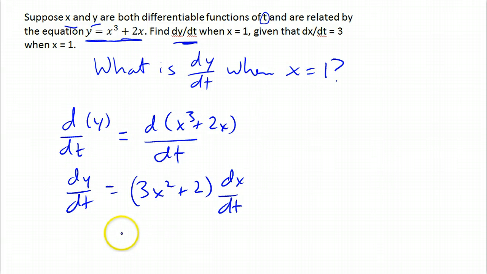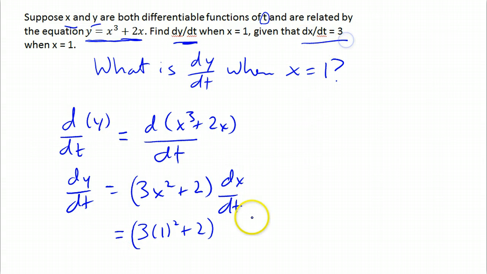We know x is 1, so dy/dt will be 3 times 1 squared plus 2, times dx/dt, which is 3. Notice I did not plug in any of these numbers until after I had taken the derivative of both sides. So now we just multiply that out. 3 times 1 squared plus 2 is 5, times 3 is 15. So that's how fast y is changing when x is 1.